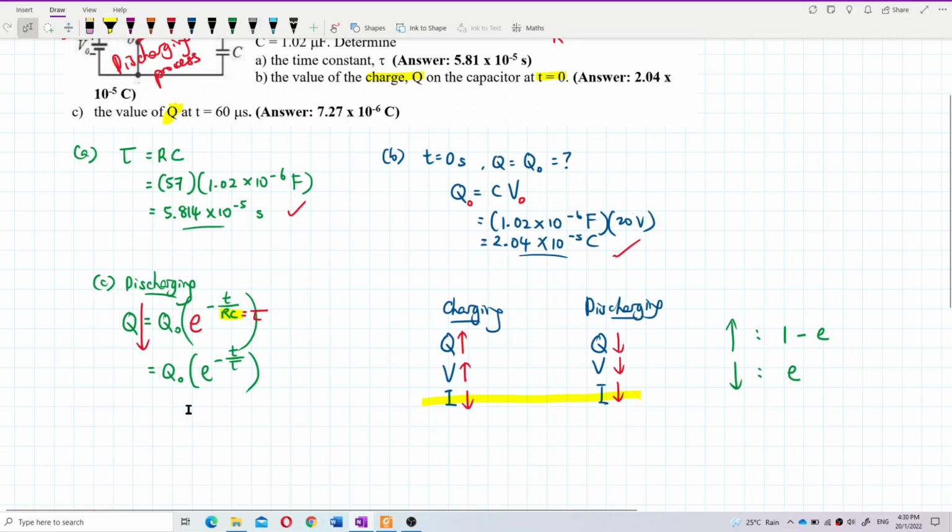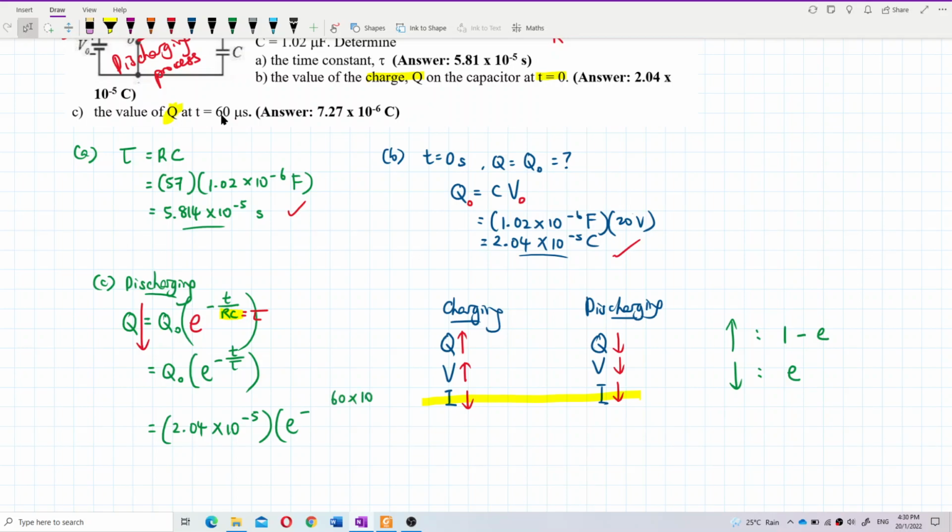Alright, so now I can substitute all the values. I already have Q naught and the time constant. I just need the time, which is 60 microsecond. My initial charge is 2.04 exponent negative 5 coulomb, and then exponent negative time, 60 microsecond.